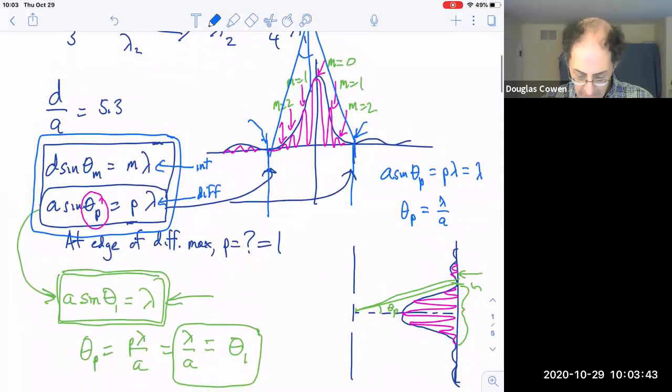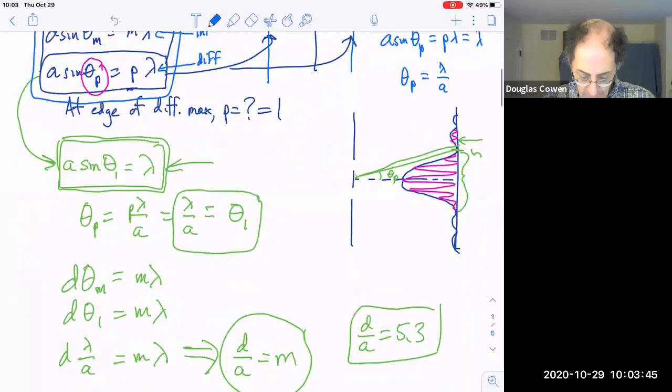So in order to figure that out, we need to basically just set the two angles the same. In other words, the angle that you use to find the first diffraction minimum is the same angle that you will use to figure out how many interference maxima there are.